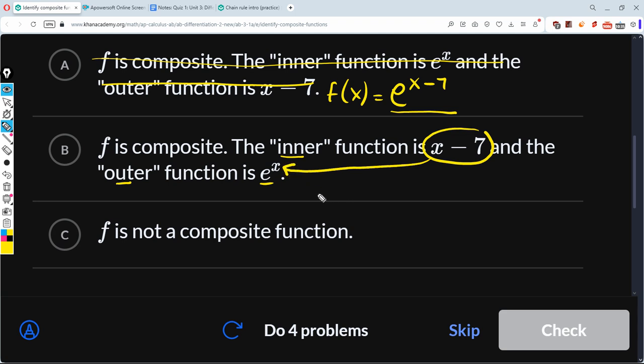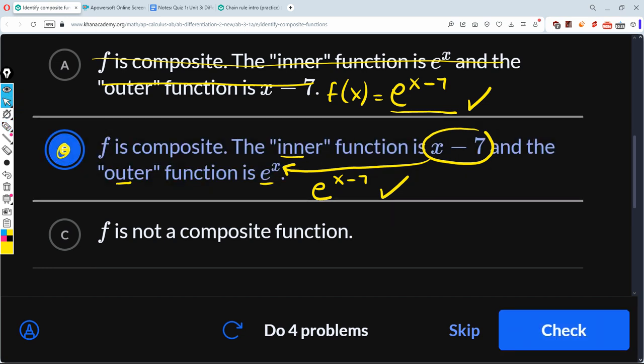If we plug it in right there in place of x, that's going to be e, and in place of x, we're going to sub in x minus 7. So that matches the original function. So the answer is choice B. F is composite. The inner function is x minus 7, and the outer function is e to the x.